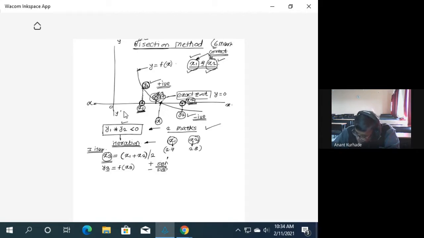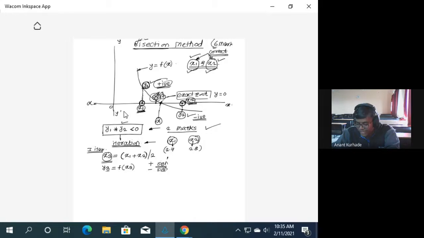Now y3 is plus, y1 is plus, and y2 is minus. So for the second iteration, does the root lie between x1 and x3, or x2 and x3? This is very important. Always check the sign of y1, y2, y3. Here y1 has a plus sign, y3 has a plus sign, and y2 has a minus sign.